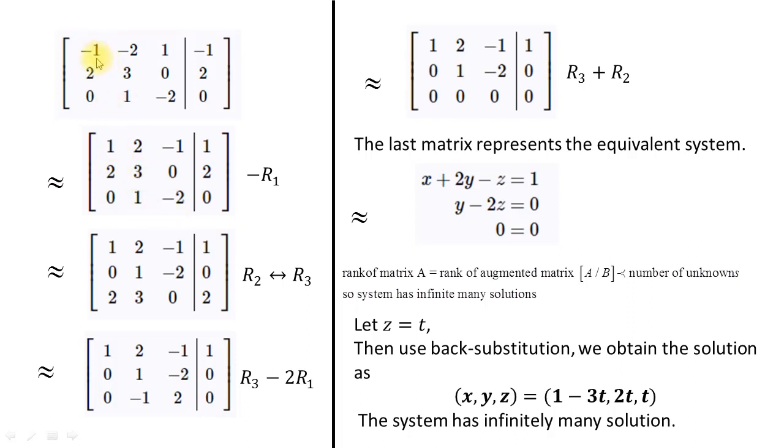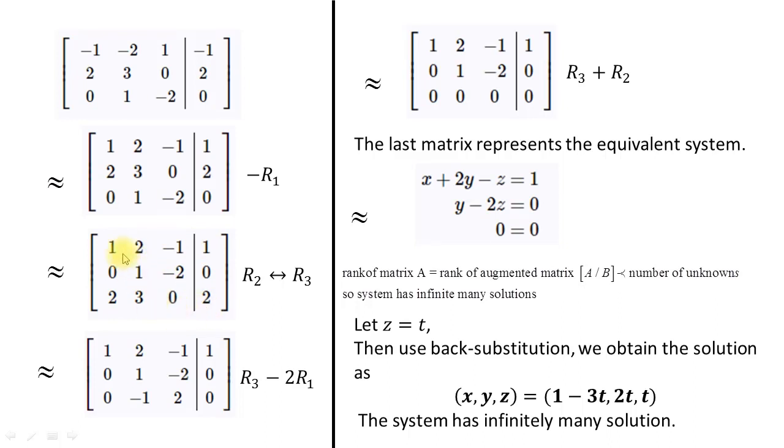Multiply the second row by minus 1 to obtain 1 here. Now interchange the second row and third row. In this diagonal we obtain 1 by performing this operation: 1 2 minus 1 1, 0 1 minus 2 0, and 2 3 0 2.